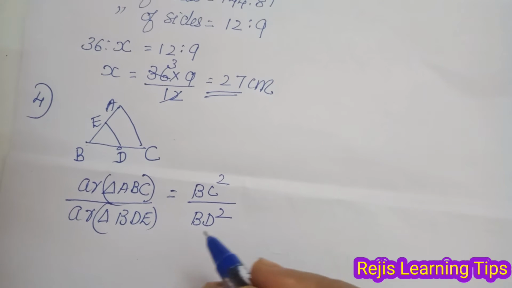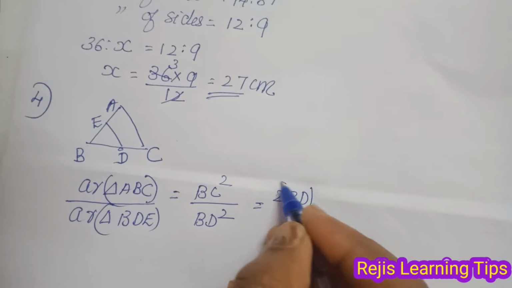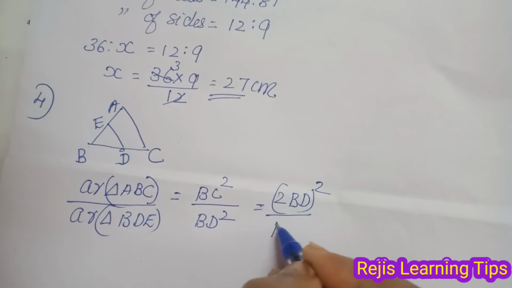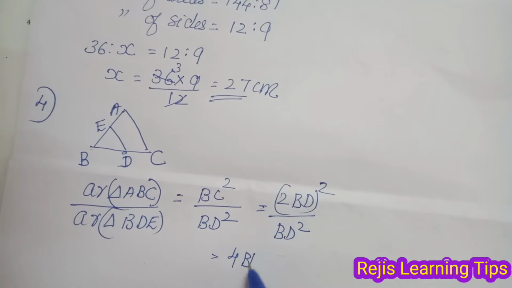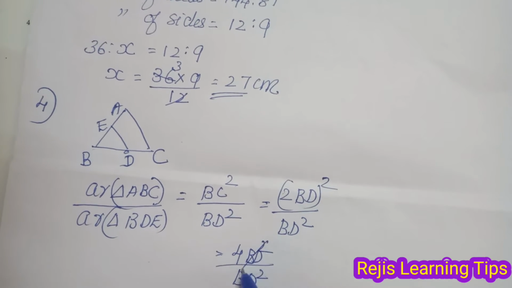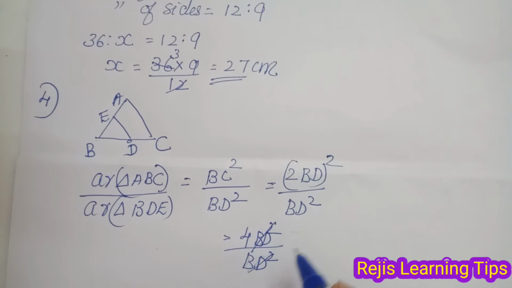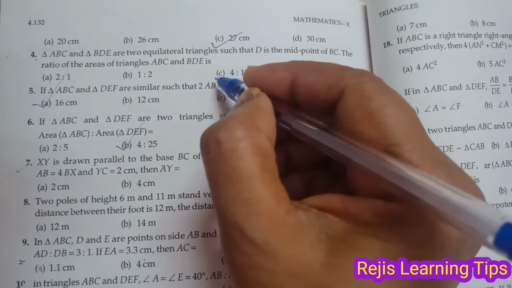Then BC is equal to 2BD. So, we can write (2BD) square divided by BD square. That means 4BD square divided by BD square. We can cancel BD square and BD square. Then we will get 4:1. So, our option is C.